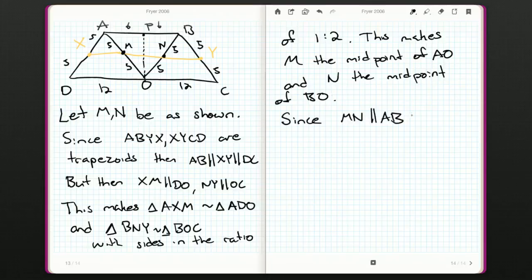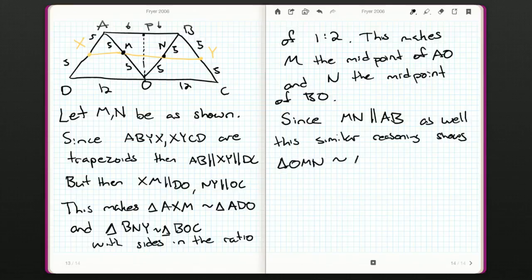But MN is also parallel to AB. So this shows that triangle OMN is similar to triangle OAB.